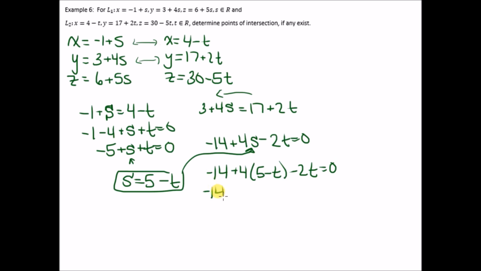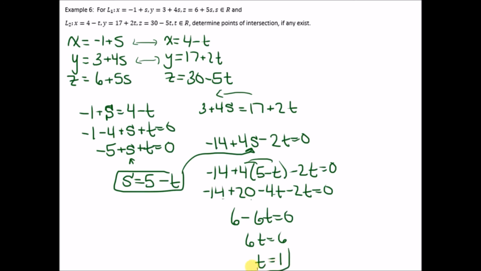And this is good because I wanted you guys to see a different method of this. A little bit of a review from grade 10. So -14 plus 20 is 6. -4t minus 2t is -6t. So I get 6t equals 6, t equals 1.